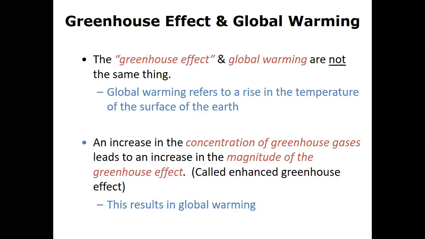Then in the atmosphere, water vapor is available. All of you know water vapor is H2O, so it is a greenhouse gas. Because of the availability of the water vapor, the greenhouse effect is caused again. So it is called the enhanced greenhouse effect.